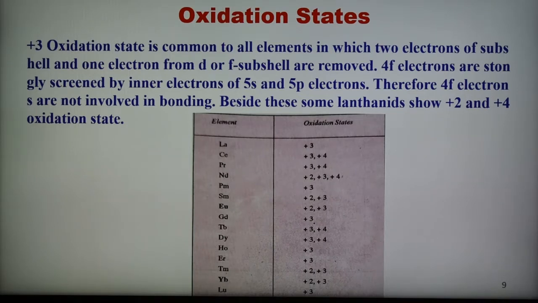To acquire 4f0, 4f7 and 4f14 states, elements close to these show variable oxidation states. In addition to +3, cerium, praseodymium, terbium, dysprosium also show +4 oxidation state, whereas samarium, europium, thulium, ytterbium also show +2 oxidation state.